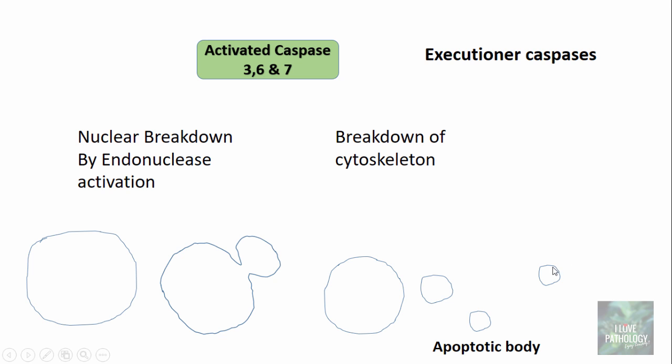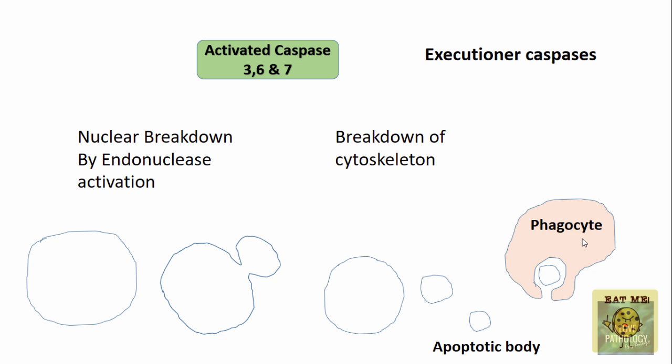So basically the phosphatidylserine is expressed outside and then now these become sort of eat-me type of bodies. So these are devoured by macrophages which have the receptors for phosphatidylserine. So basically, these apoptotic bodies are phagocytosed by the macrophages.